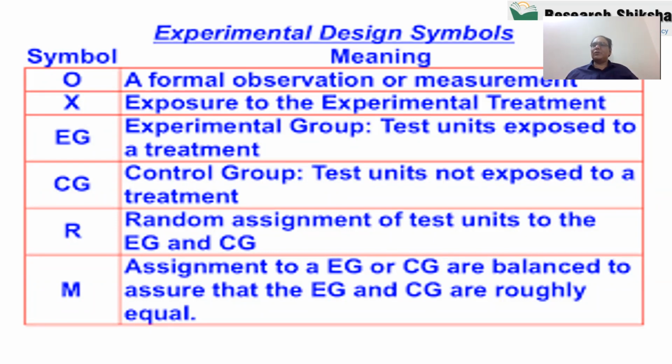Object means patients or students or whatever customers you are including in the group in the test is known as random assignment, R. Okay. Now M means the equality balance, because you cannot say that I pick 10 patients in experiment, 100 patients in control group. No, they should be equal, right? So after understanding these simple terms, let's move.